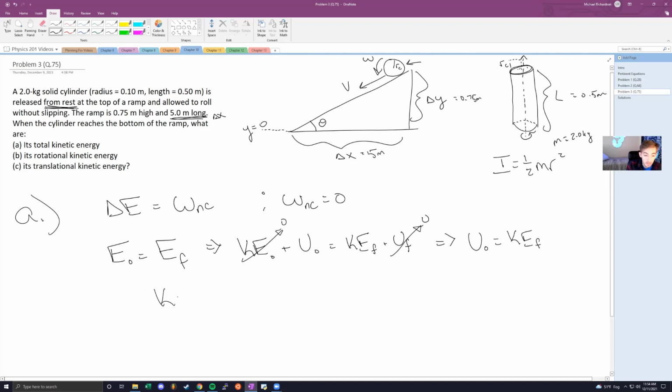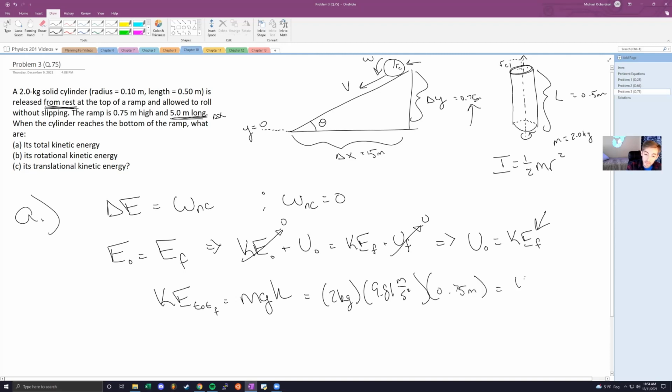Well, if we're just talking about our total final right now, which is exactly what this quantity is, it's going to be equal to some original mgh, where we can honestly just plug in our values right off the bat, where it's the mass of our cylinder times gravity times the height at which it started at, which is 0.75 meters.